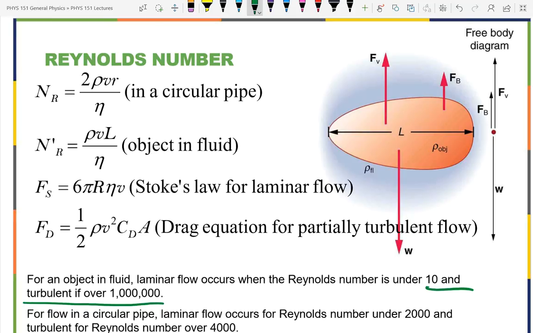Well, I reread the textbook and realized that my understanding had been flawed, and that's what I told you was flawed. This drag equation applies during the partially turbulent flow, not once it's reached that maximum number of a million. It's what's going on when you're between 10 and a million. So I said that wrong in class, hence my correction now.